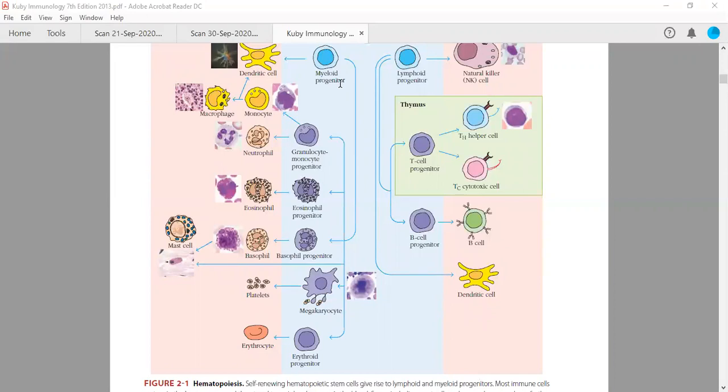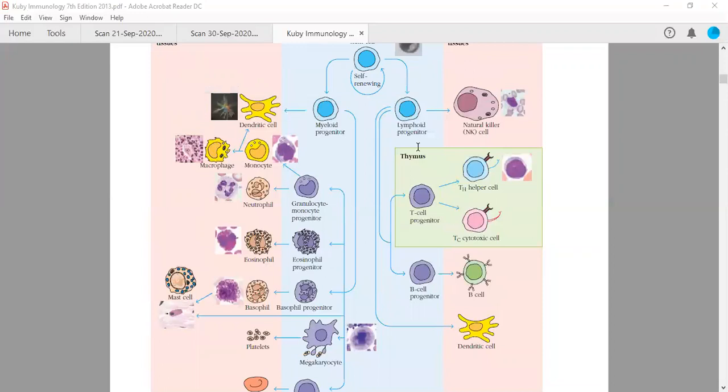So see this, this granulocyte monocyte progenitor will give rise to either a neutrophil or a monocyte. If it is a monocyte in the blood, when it moves to the tissues, it will differentiate into the macrophage, or it can also differentiate into a dendritic cell. So this monocyte is actually coming from this stem cell.